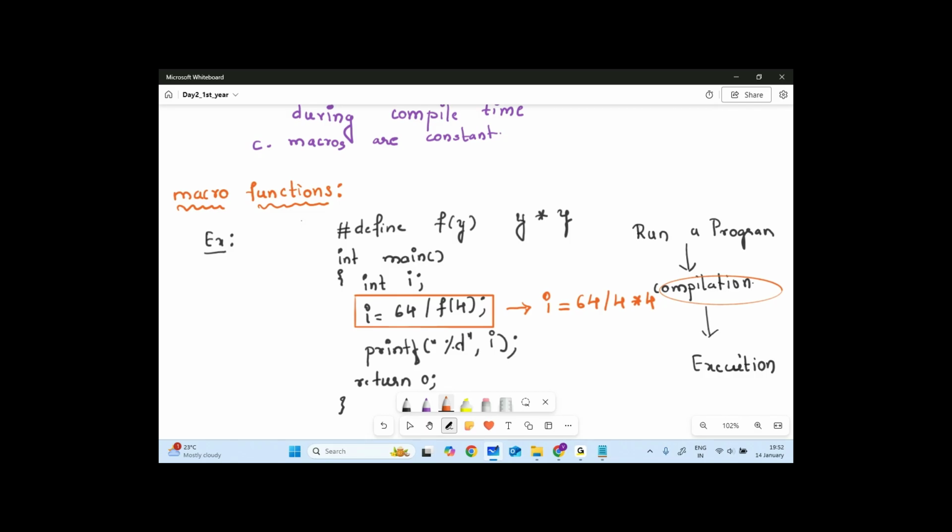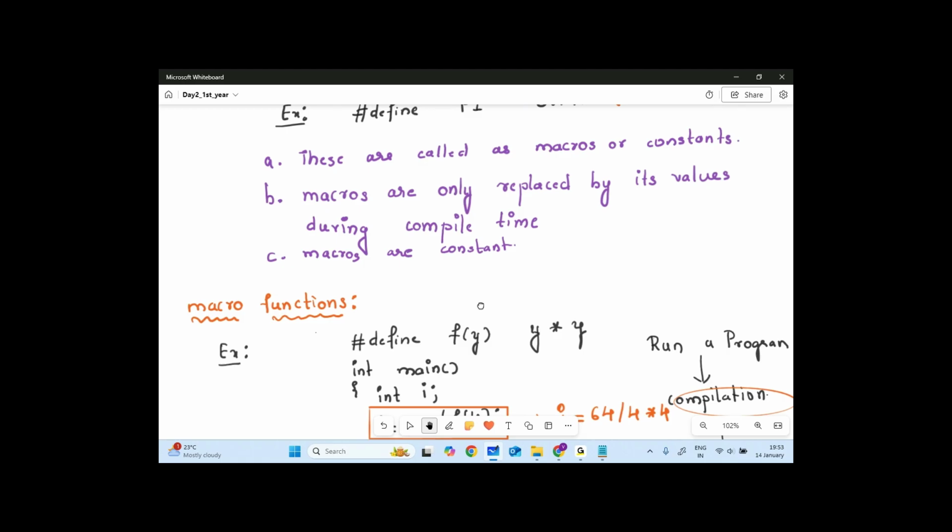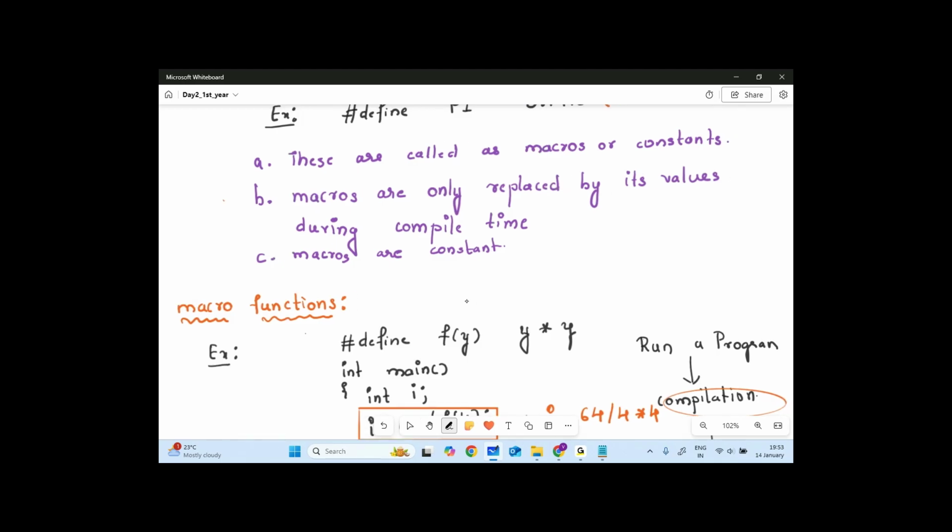It becomes 4 * 4. I'll show you the rule. Read the second point, B: macros are only replaced by their values during compile time.